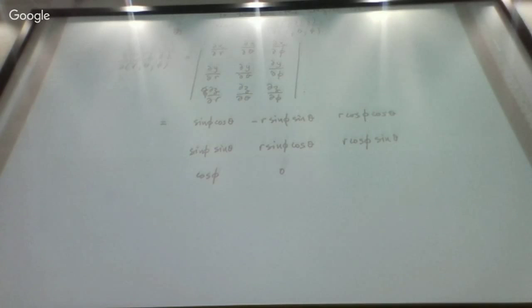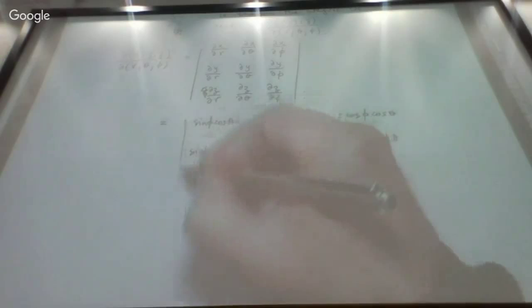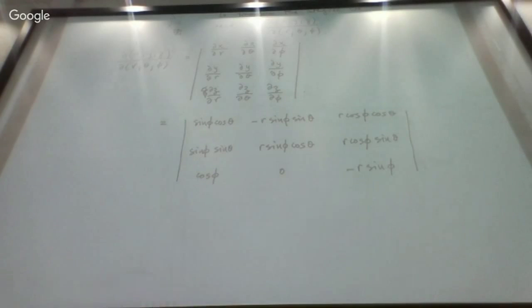dz/dφ comes out as minus r sine phi. So that's it.